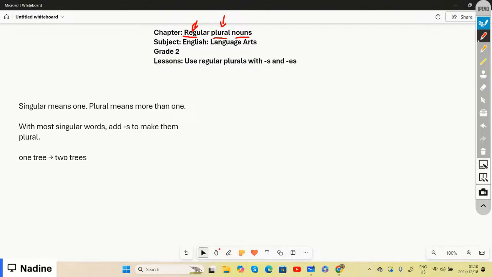All right. Remember we said that our focus is mainly on using regular plurals with s and es. So a singular noun, or singular, means one. It means that we have one person, one animal, one place, or one thing.